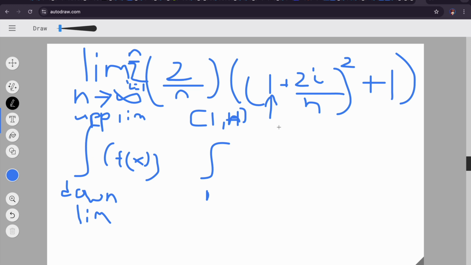So if you really think about this, remember the formula that was right here, b minus a over n, number of rectangles. This is the same thing. So what was our a? a is our lower limit. 1 over n.